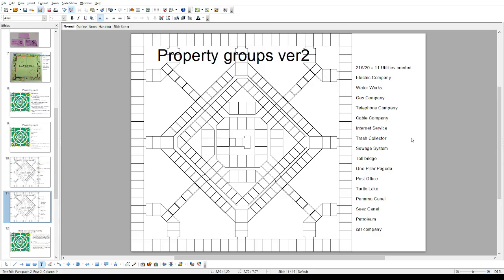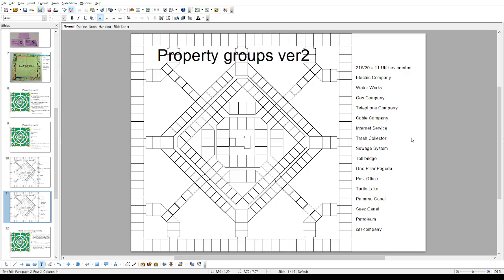Which, again, in the context of Monopoly, having the three services owned and controlled and provided by the same people, that just means that the same player owns all three of them.